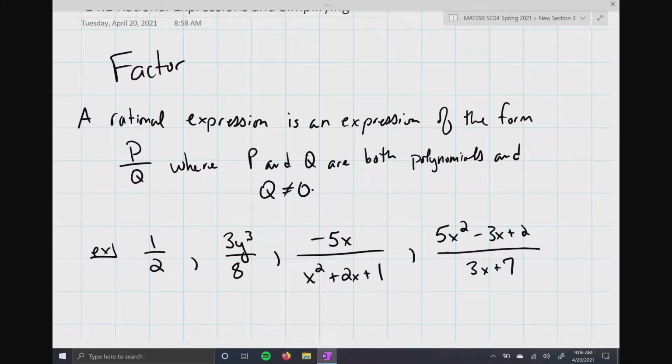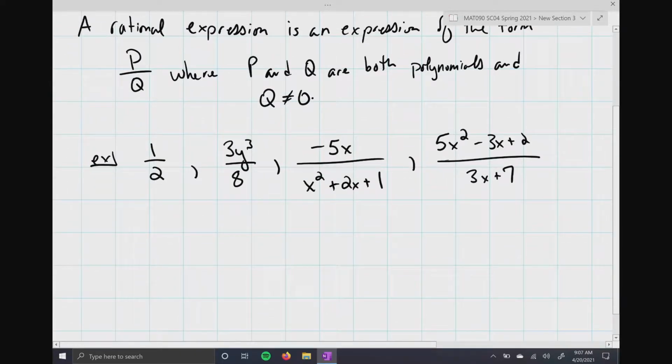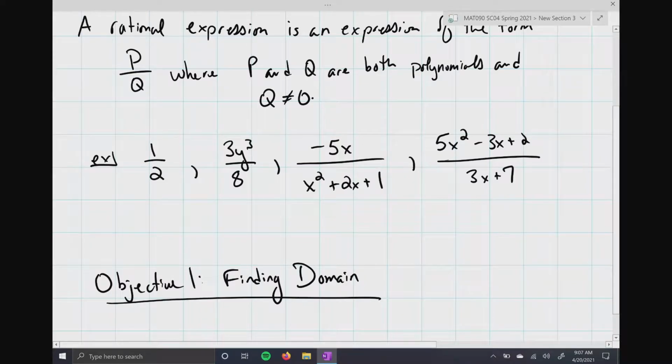All I'm really doing here is reviewing some of the techniques that we went over previously, and applying them to polynomials. So let's just look at objective 1, finding the domain. That's going to be the first thing we look at.